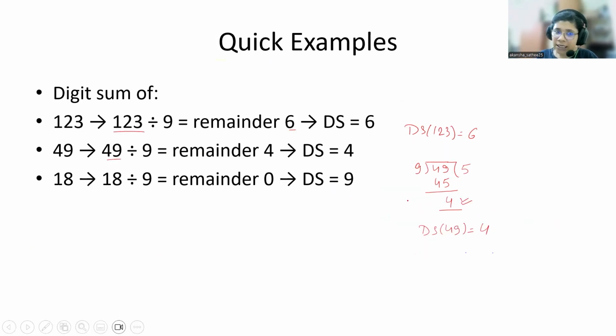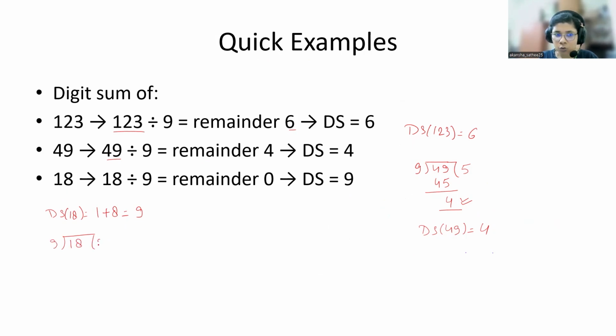Now let's see what will happen if the remainder is 0. So 18. Let's go through the digit sum wala process. Digit sum of 18 is 1 plus 8, and that is 9. So digit sum should be 9. Let's check according to the shortcut. You have to divide 18 by 9.